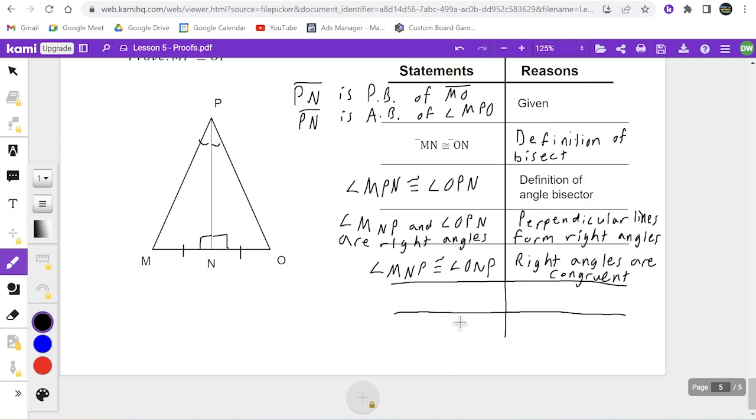Okay, now for the next one, I'm going to give you the reason, and you're going to give me the statement. The reason is AAS theorem. Any ideas?